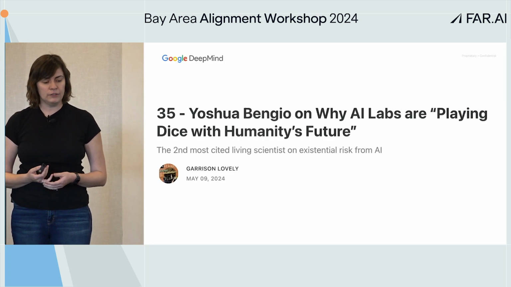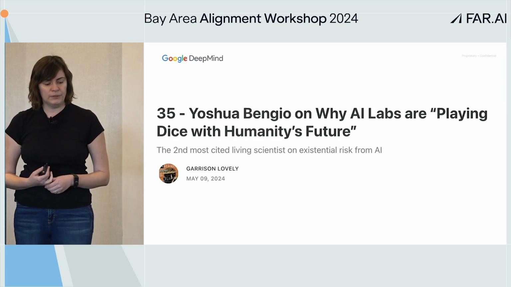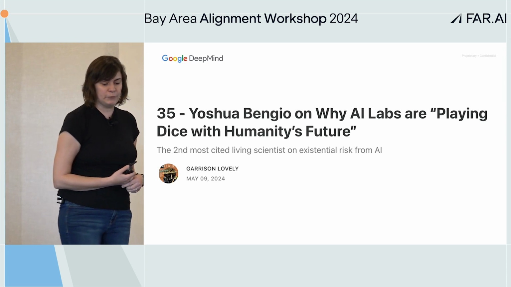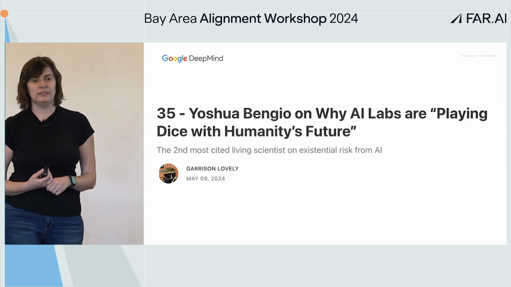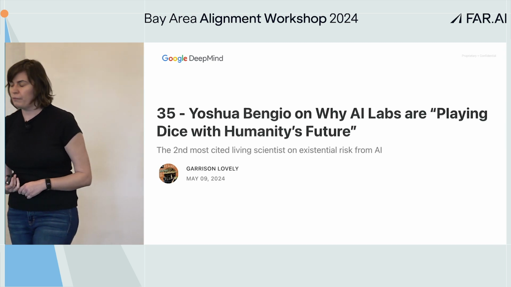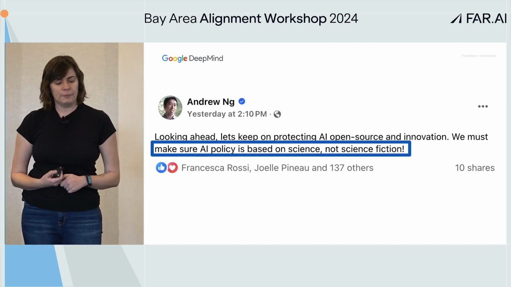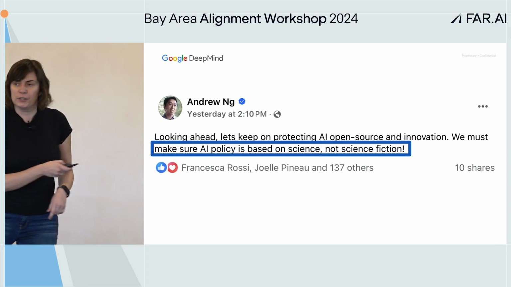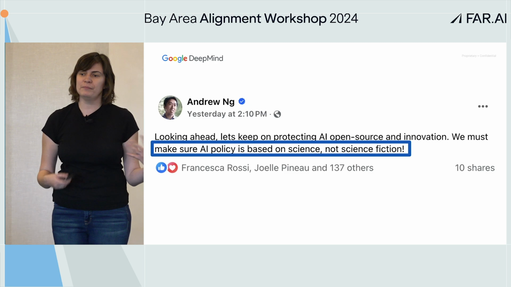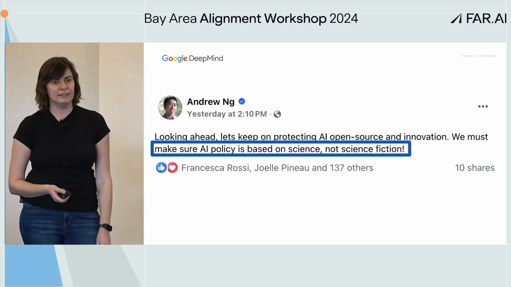On the one hand, you have Yasha, who's sitting right there, who's saying AI labs are playing dice with humanity's future. This is really serious stuff. Let's make sure we get it right. On the other hand, you have Andrew Ng, who talks about these types of worries as science fiction. And he's saying, let's make policy based on science, not science fiction.